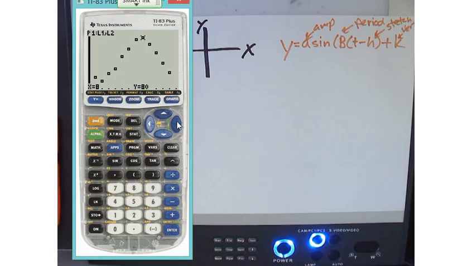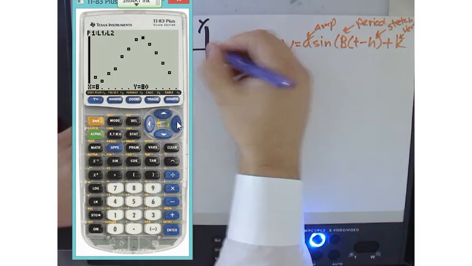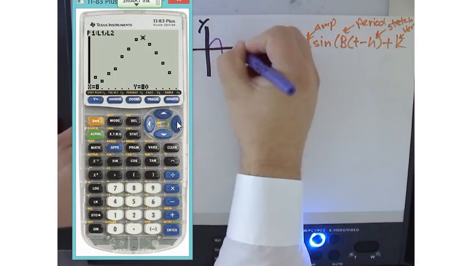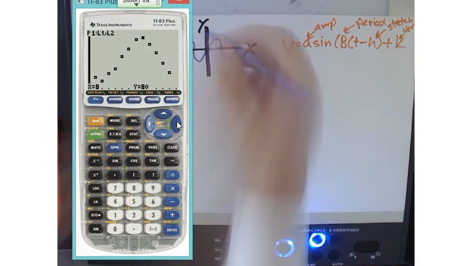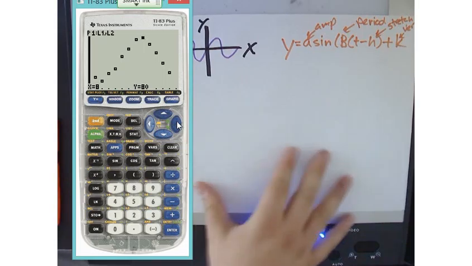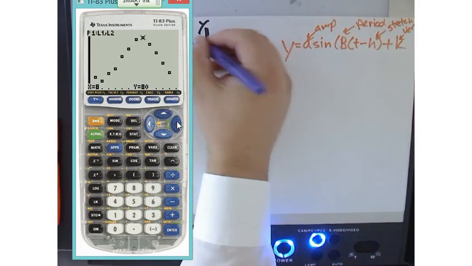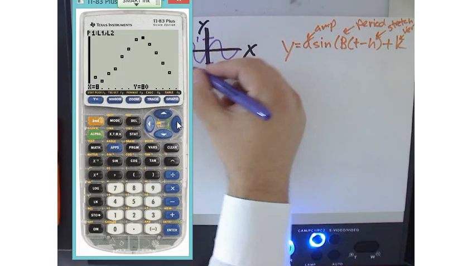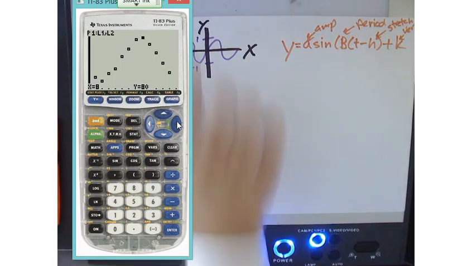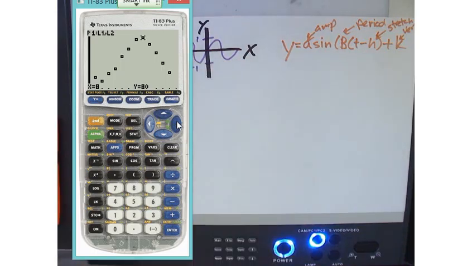My sine wave starts at the origin, and it goes like this, and it goes like this. It has an amplitude of 1 because it goes from 1 to negative 1, and the x-axis goes right through the middle of it.